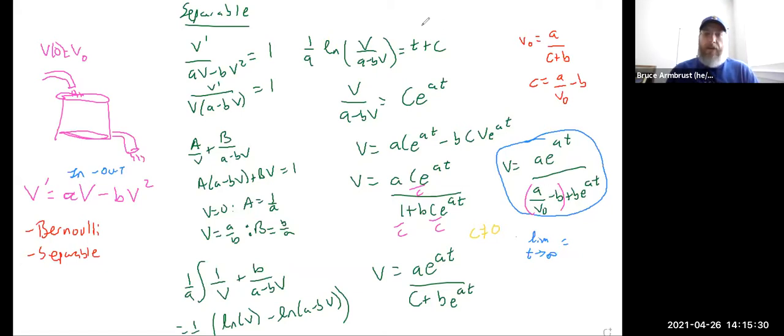So all you're left with is A over B. So if you take the limit as t goes to infinity, you get A over B. Or do L'Hopital's rule. That's fine too. We'll get to that. But as time goes on, we're going to end up with A over B.